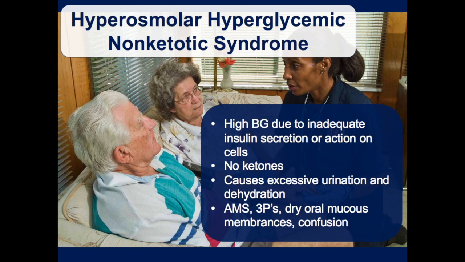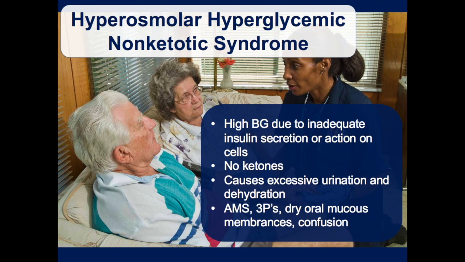And for these patients, they can present severely ill. They can be completely altered and have an altered mental status. Typically, this has a pretty gradual onset, but over time they can get pretty sick. And usually when you ask for their medical history, they will have a history of type 2 diabetes. And one of the key things on your physical exam is taking that blood sugar and recognizing that they are hyperglycemic.